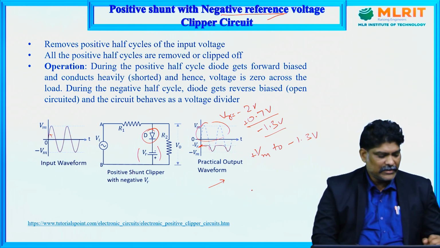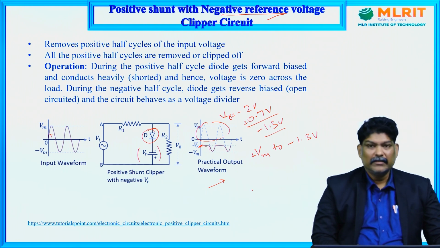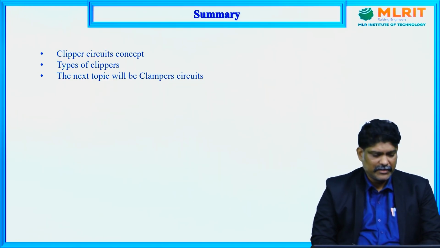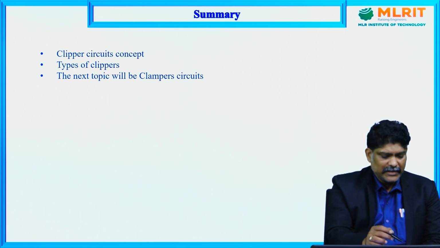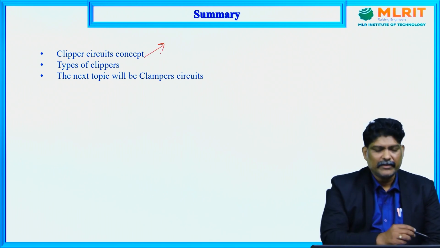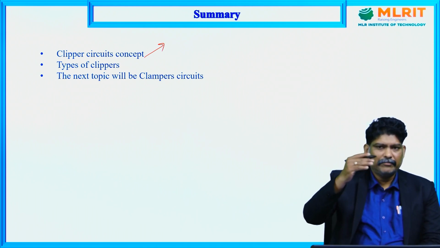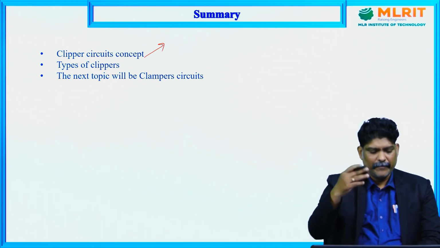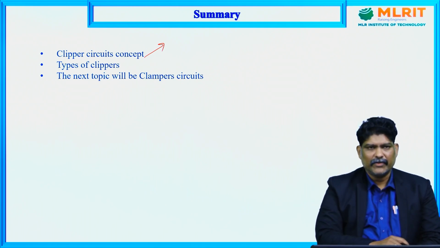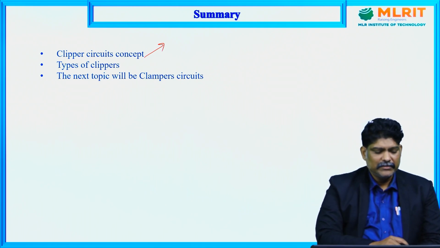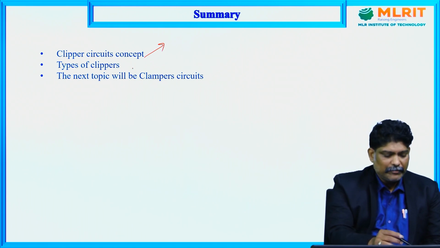Okay, so that's all for today's session. Let us have a summary of today's session. We have discussed what the clipper circuit concept is. If you want to clip any portion, either the positive portion or the negative portion of a signal, we can use a clipper circuit.